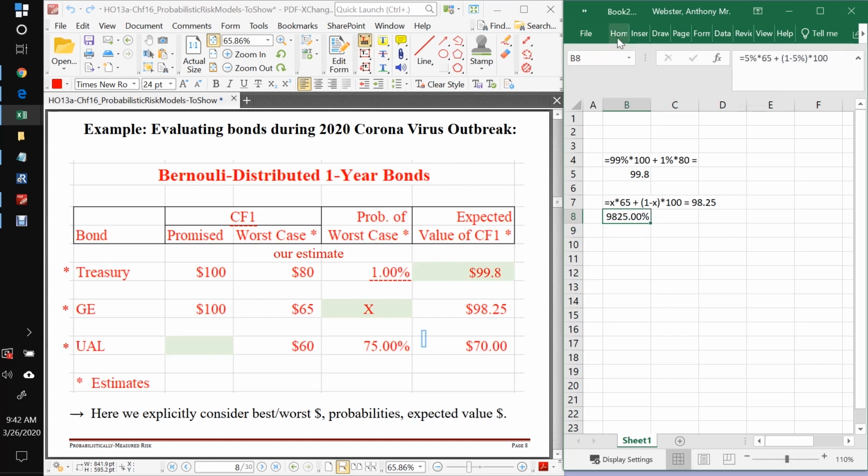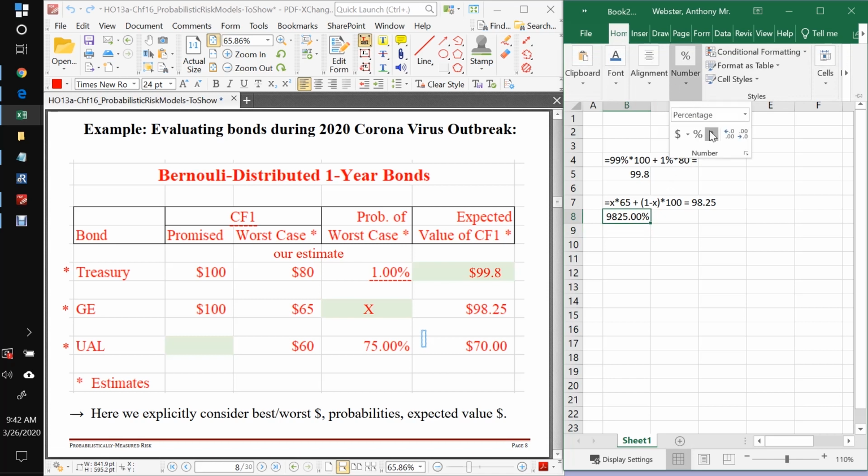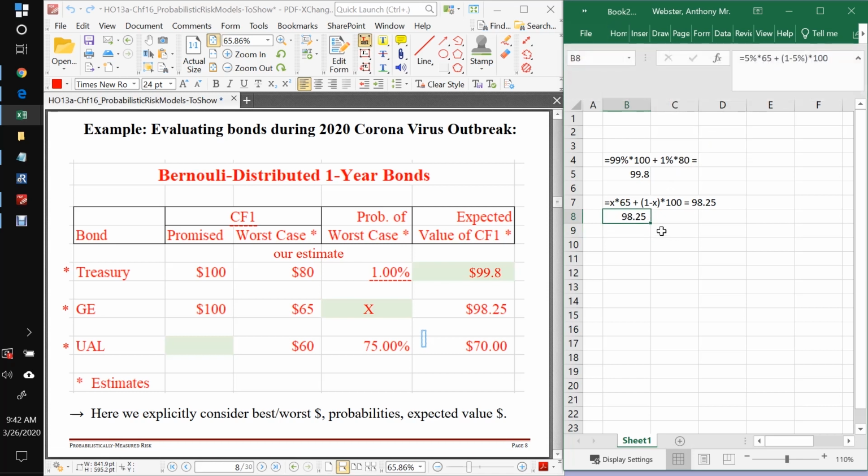Once we get that solved, we do see that 5% probability of worst case does give us our 98.25. So I'll come back over here and say x equals 5% for that one.